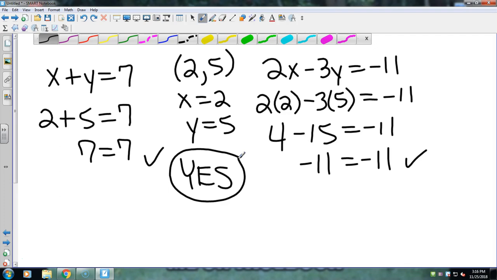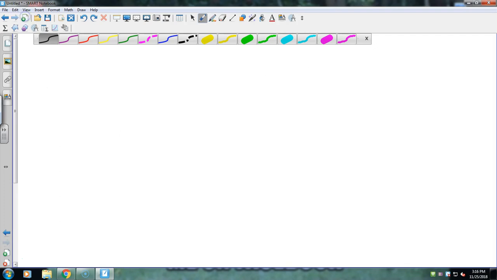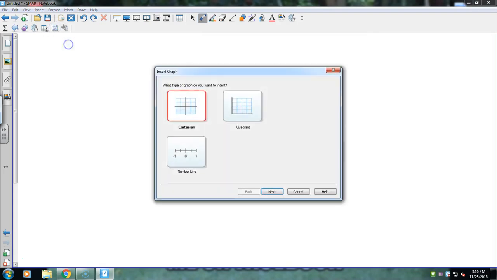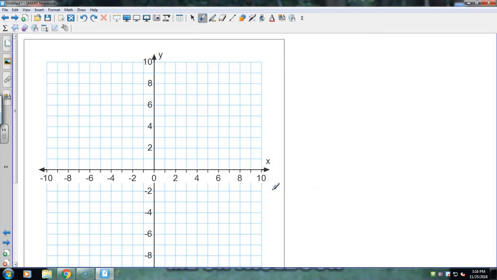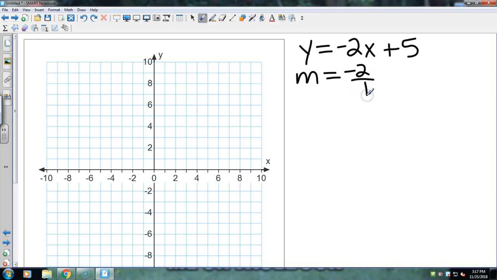So let's take a look at some actual graphs. And let's graph to find solutions where they won't give them to us, we actually have to find them. So let me take the equation y equals negative 2x plus 5. And I'm going to go ahead and do the slope and y-intercept. The slope in this one is negative 2 over 1.